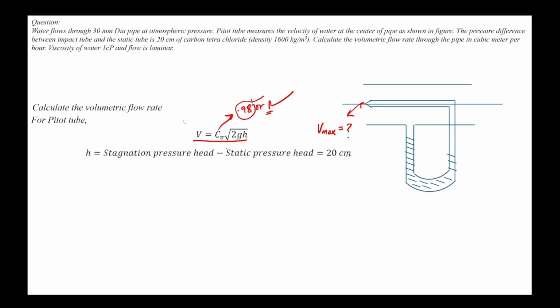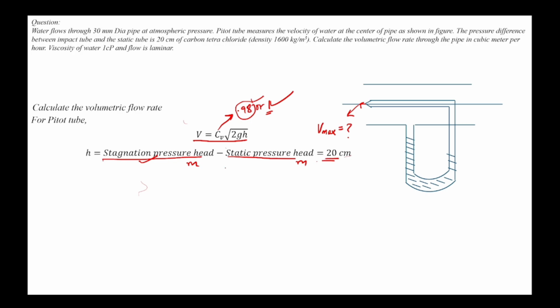So what is H? H is stagnation pressure head minus static pressure head. Always remember, we have here the impact tube and the static tube. That means the impact tube gives the stagnation pressure head. Pressure head will be in units of meter, or it is given directly that H is 20 centimeter.